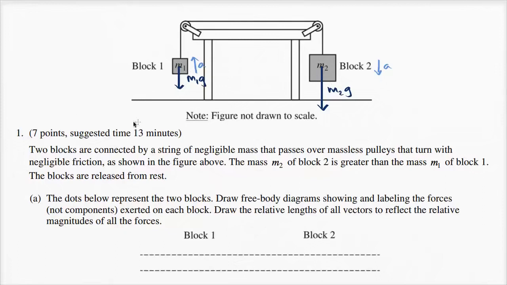So let me draw that. The magnitude of the tension is going to be larger than M1g, but smaller than M2g. So maybe like that. So that is tension right there. And on this side, you're going to have the same magnitude of tension pulling upwards, but it's now less than the weight, which means that the block is going to accelerate downwards.